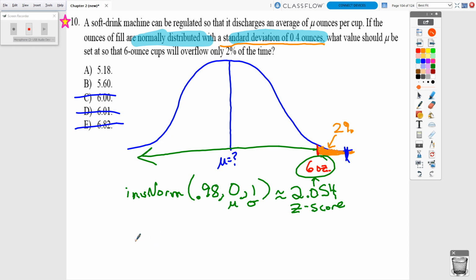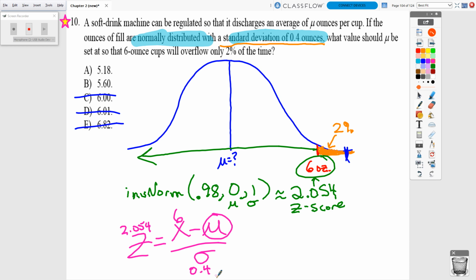All right, so now we can use the z-score formula. Z equals x minus mu over sigma. What's the z-score? 2.054. What is the value of x for that specific cup? 6 ounces. What's the mean? We don't know. That's what we're solving for. What's the standard deviation? 0.4. So now we're just going to algebraically solve this. If I multiply both sides by 0.4, it cancels out over there. 0.4 times 2.054 gives me 0.8216 equals 6 minus mu.